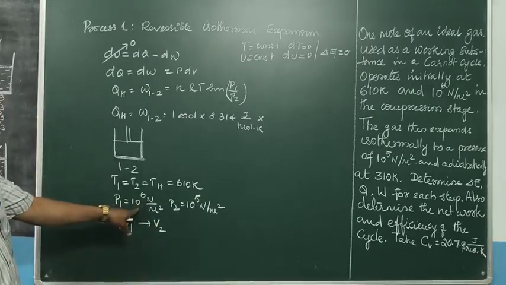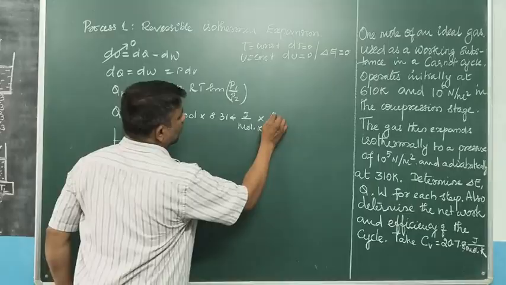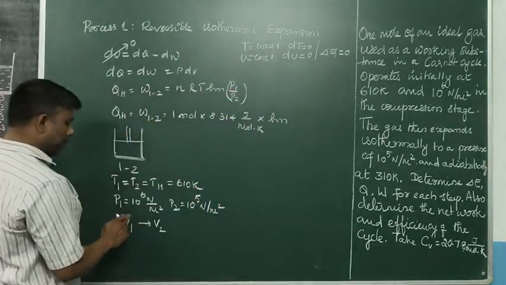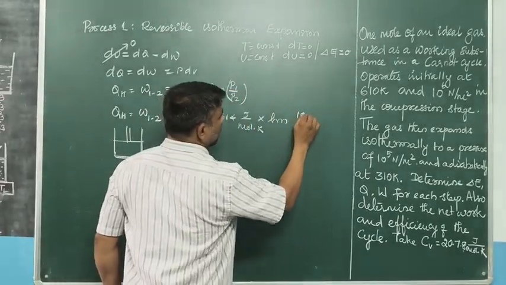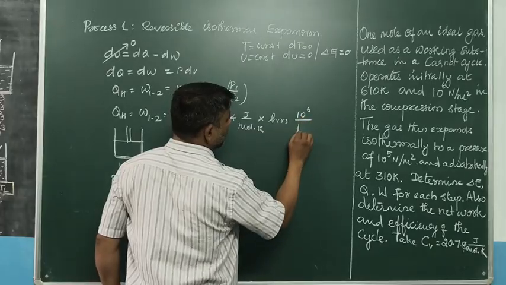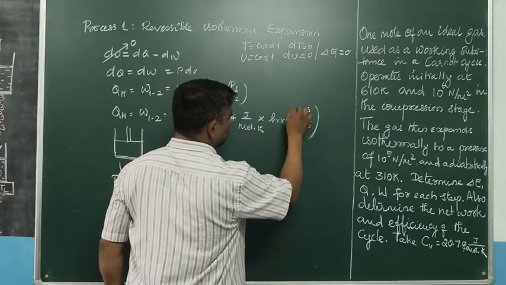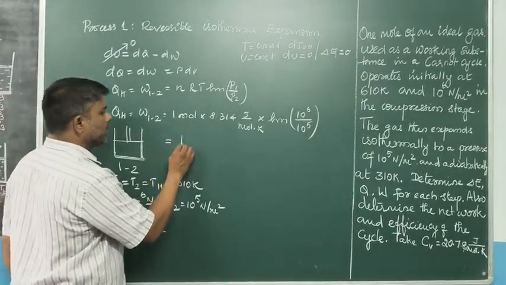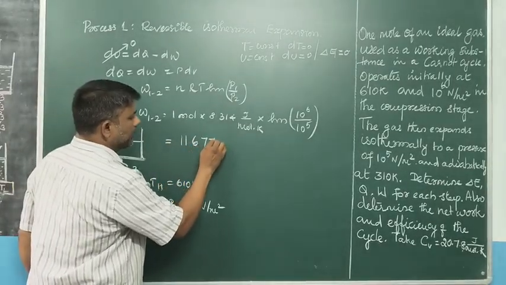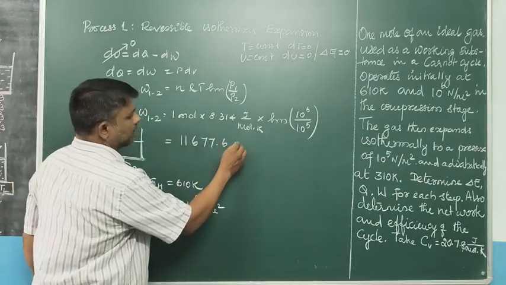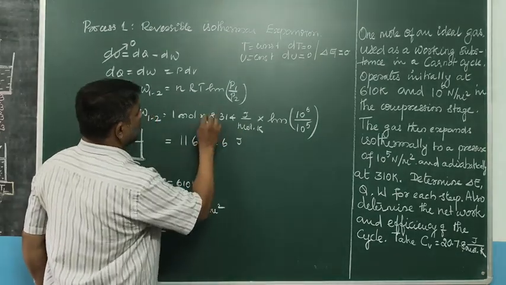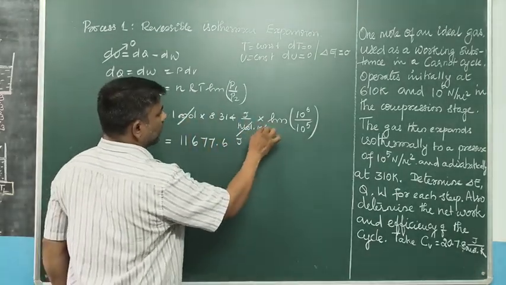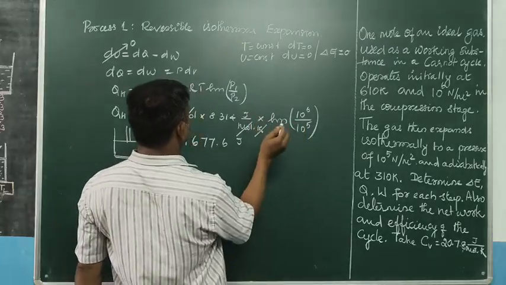Now I am going to substitute this information into ln P1 by P2, that means 10 to the power of 6 divided by 10 to the power of 5. What's the answer? Mole gets cancelled, Kelvin gets cancelled.